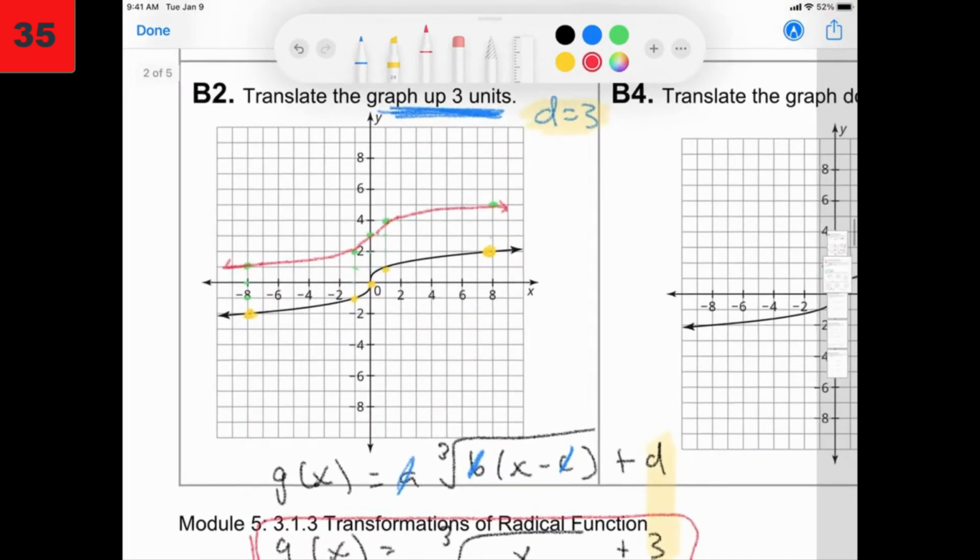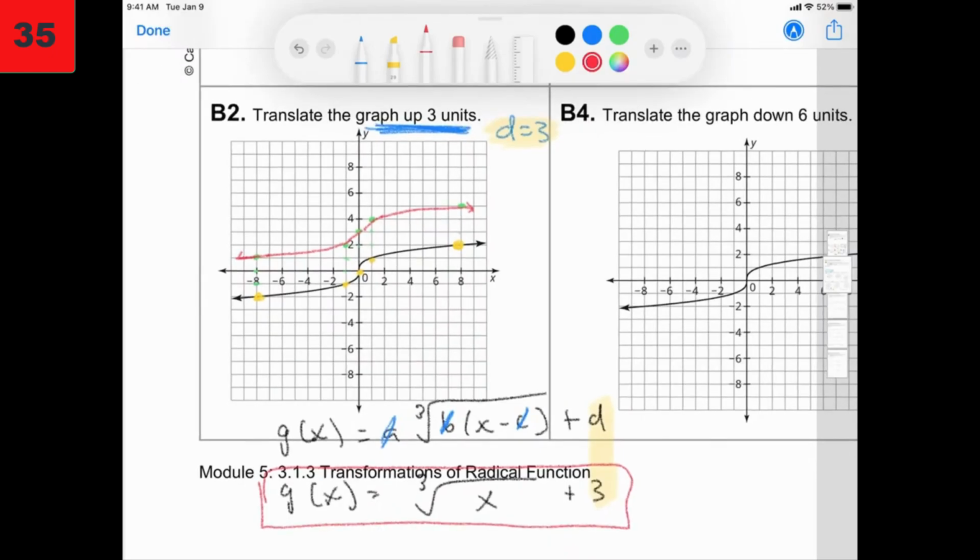And there is our cube root. And there is our equation.